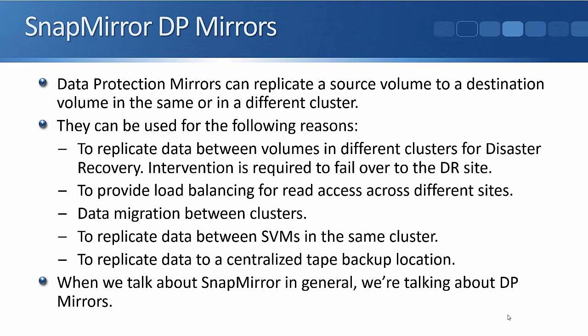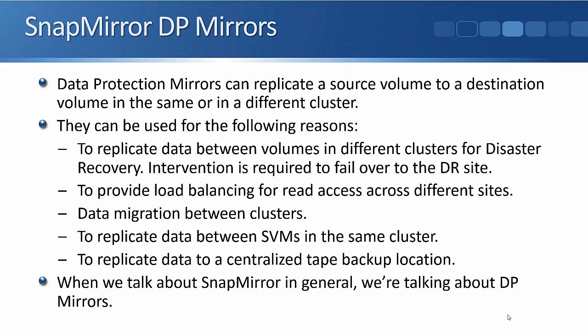They can be used for the following reasons: to replicate data between volumes in different clusters for disaster recovery. This is usually the main reason that we use our DP mirrors for. When you are using them for disaster recovery, intervention is going to be required to fail over to the DR site.